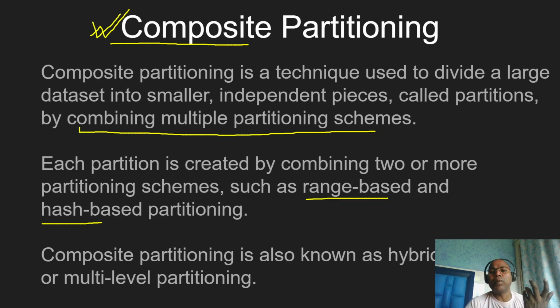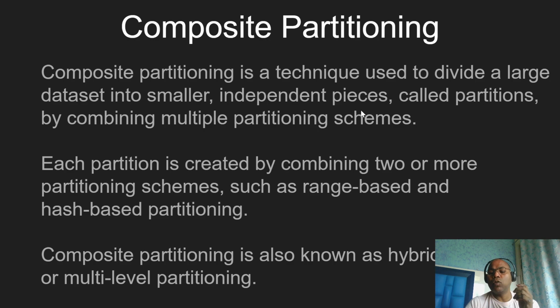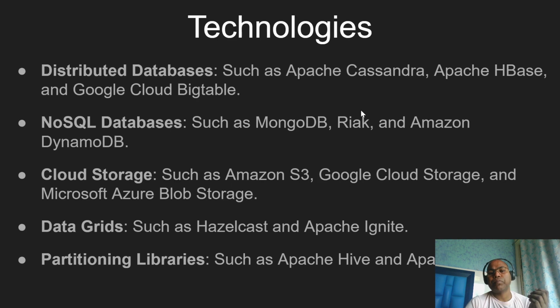Whatever you call it, composite partitioning. The purpose is that, given the nature of the data you're receiving, you analyze your data attributes and decide the best possible way to partition your data. This is known as hybrid, multi-value, or composite partitioning. So these are good options.